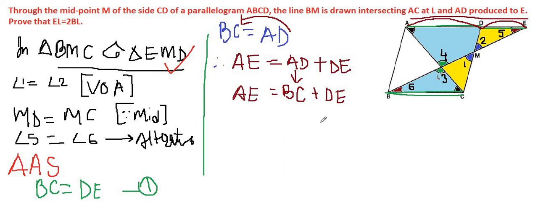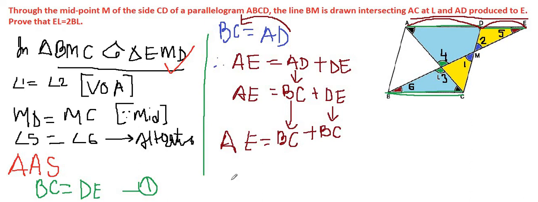Also, we can replace DE from equation 1: DE is equal to BC. So DE will be replaced by BC, and here is the BC already, which is equal to AE.